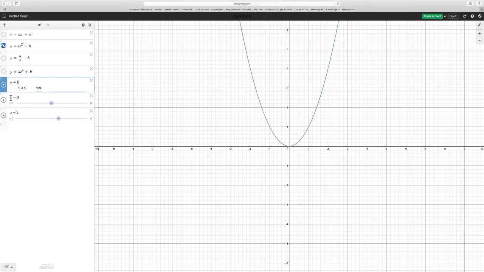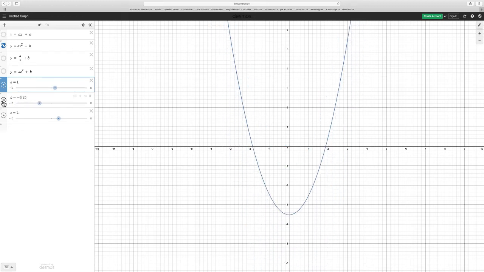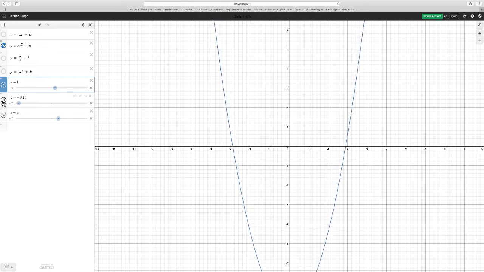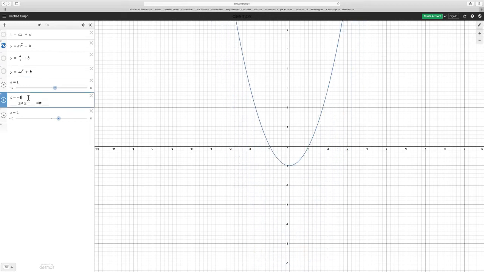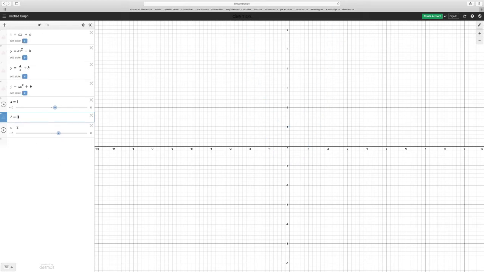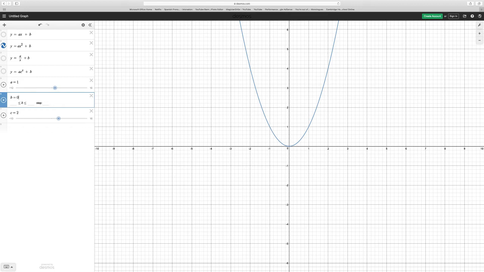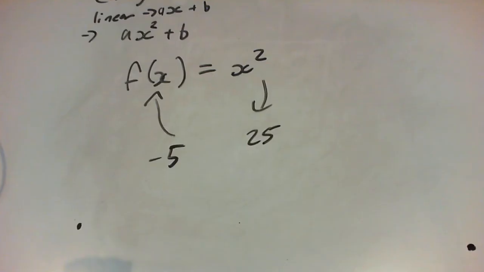Okay, let's see what happens to the graph as we change B. What we can see is that the graph moves up and down. And then it comes back. Now, why does this happen for B? Oh, it's always actually -1. Why does this happen for B? This happens at B for the same reason that it happened for the y equals x graph.